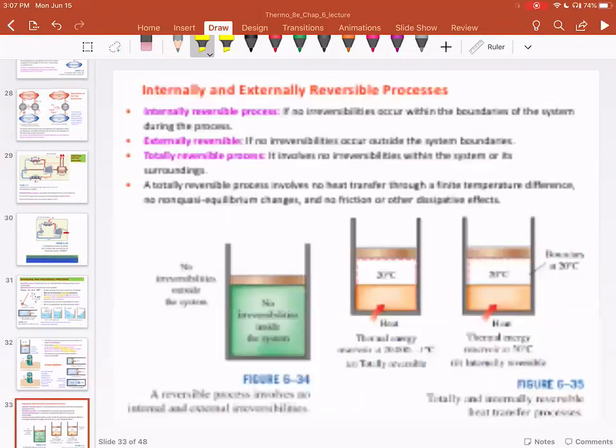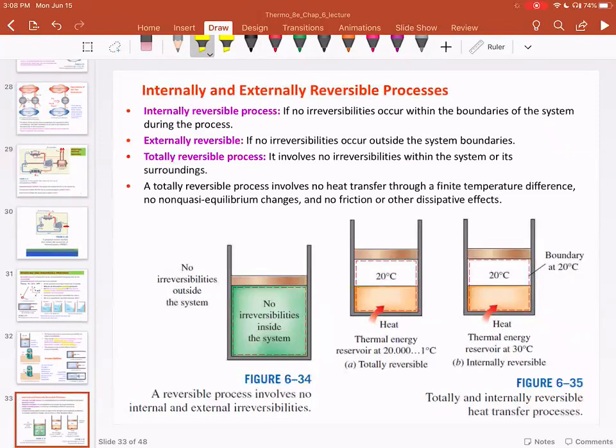Now, within reversible processes, there are two categories. One is the internally reversible process, and the second one is the externally reversible process. An internally reversible process means the system is reversible inside the boundary, which means all the irreversibilities occur outside the boundary.